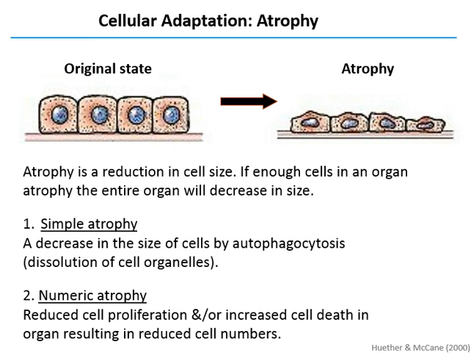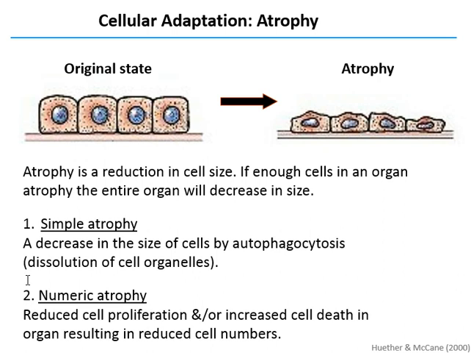One of the most significant cellular adaptations is atrophy, as shown here. This is where we have a shrinkage in the cell size. Here we have the original state, and over here, atrophy has occurred. The individual cells have become smaller. Atrophy may occur as a consequence of several factors, such as reduced physiological demand, reduced nutrition, or a loss of innervation.